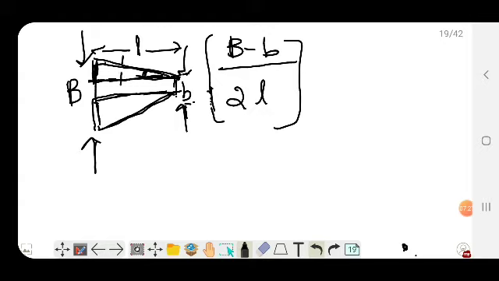At any section, let it be at distance x from one of the extreme ends.